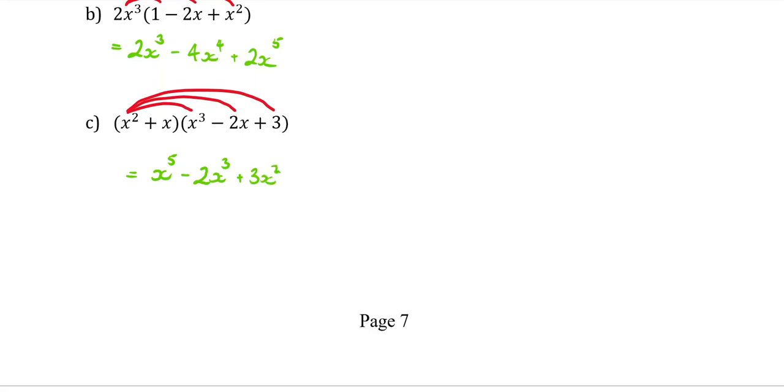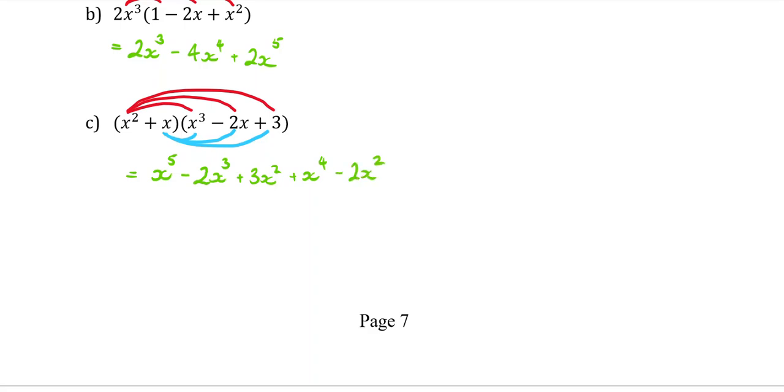Now that that is done, I need to take the x term, the second thing in the bracket, and multiply it by each thing in the second bracket. So x times x cubed is a positive x to the power of 4. Then x times minus 2x is minus 2x squared.